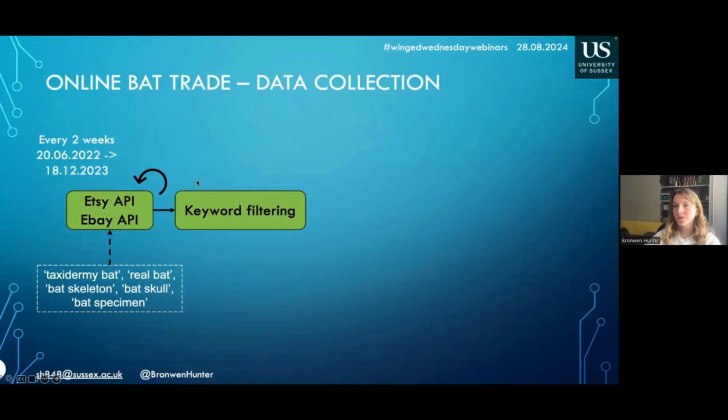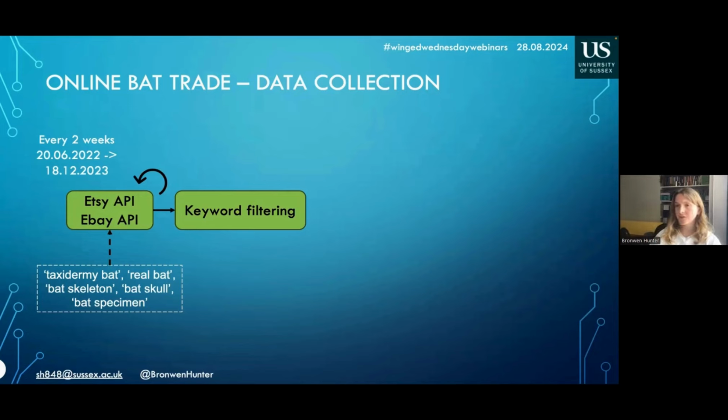One thing that's important to mention is that the text that's associated with these e-commerce listings is much more standardized in content, language, and length than the social media posts and the news articles or web articles that I was working with in the first part of my PhD. And what that meant is that this data collection phase was a lot simpler than that previous pipeline that I showed before.